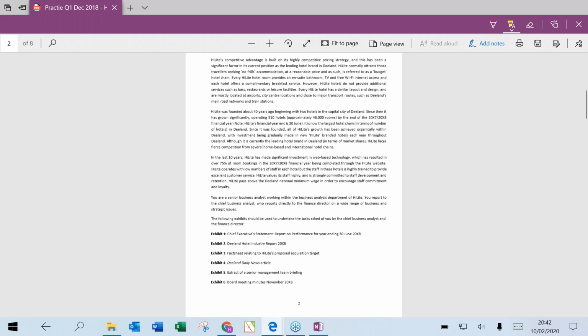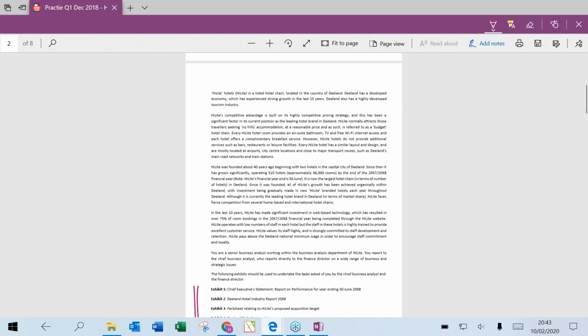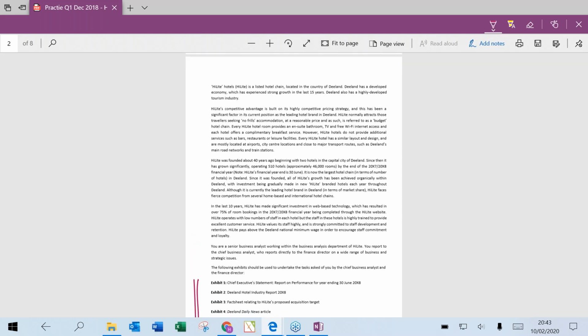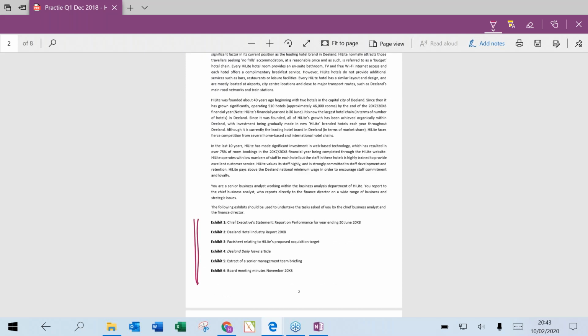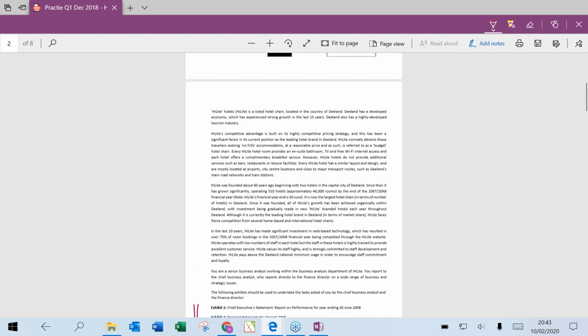And do you see some exhibits towards the end? This is a standard thing: the first page will always be the background or introduction of the company, followed by a list of exhibits. In each and every attempt, you have been given 6 exhibits, not 5, not 7, 6 exhibits, right after the brief introduction.